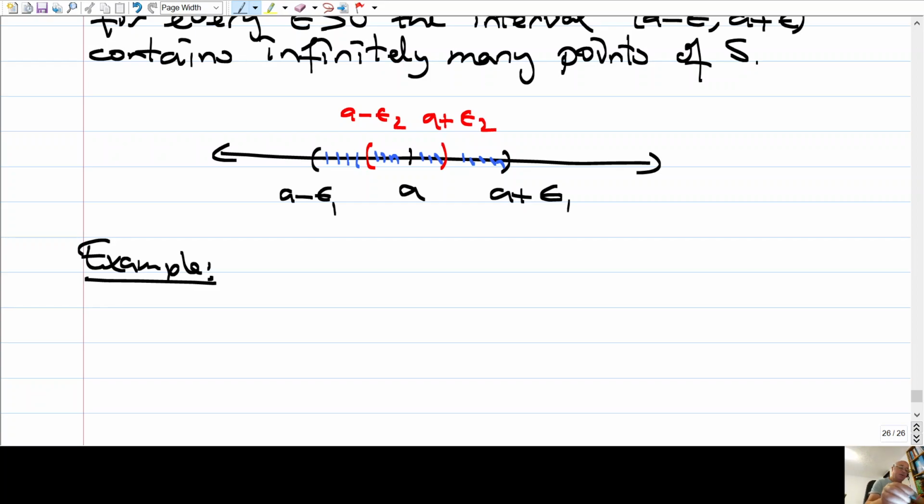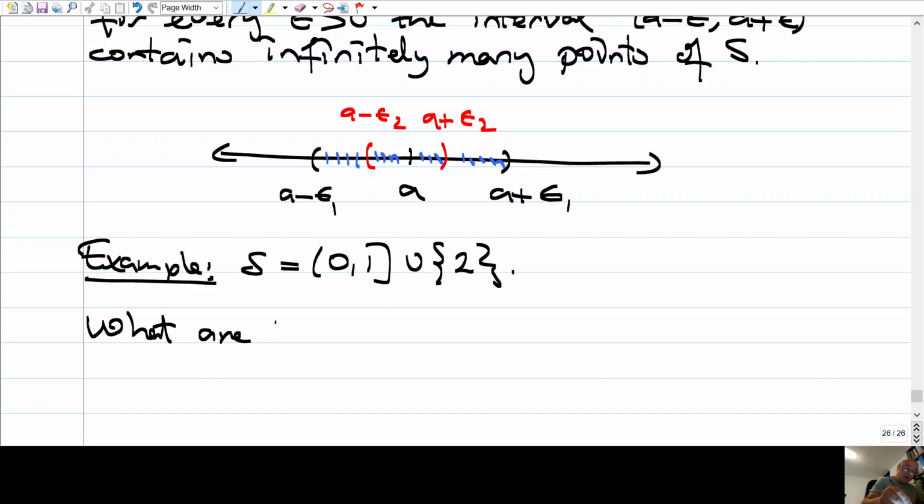Maybe that will sound more familiar to you. Let's for example consider this set. It's open here, closed here, and then I have this 2 here. Now what are the accumulation points of S?